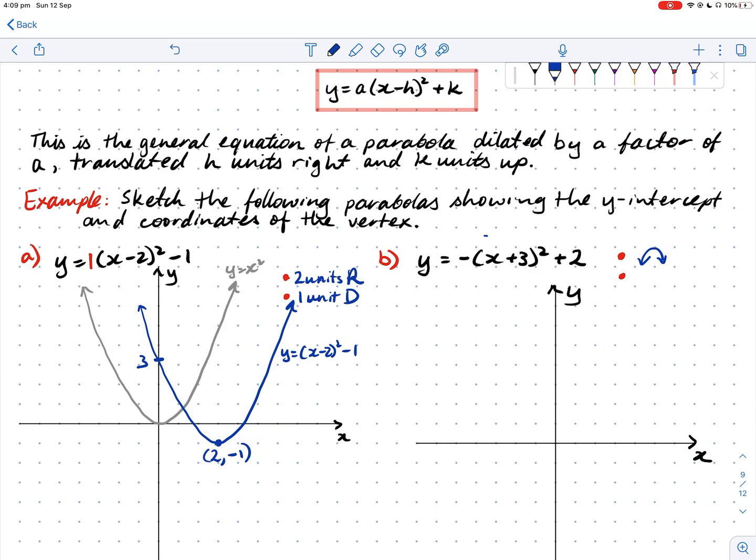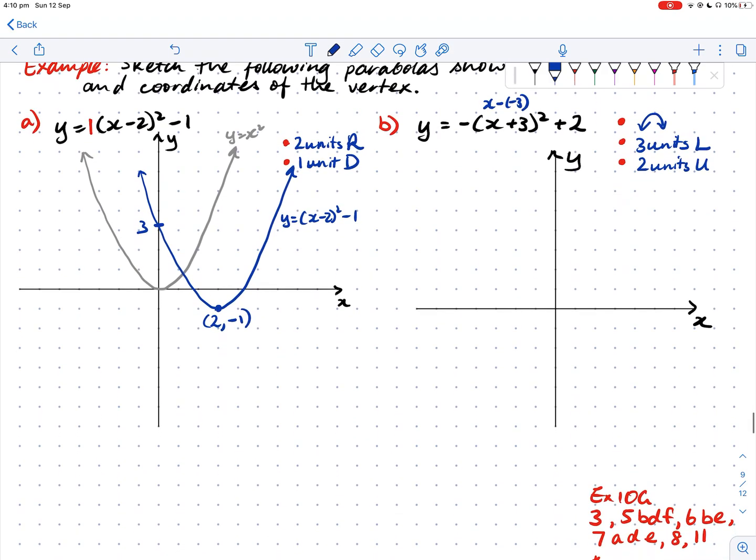So if it's x plus 3, then that's actually x minus negative 3. So that's going to be a shift towards the left, 3 units towards the left. And then your last number is a plus 2. The k value, we follow the same sign, so that's going to go 2 units upwards.